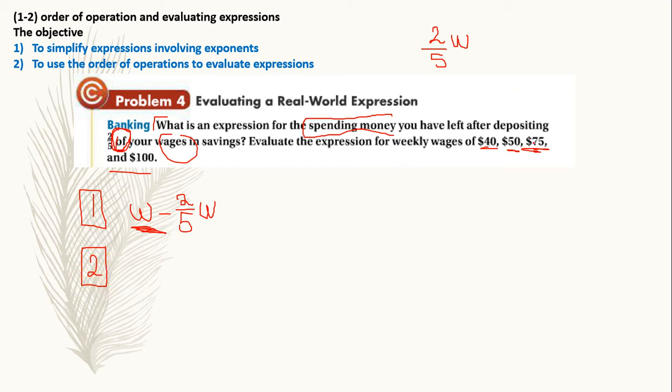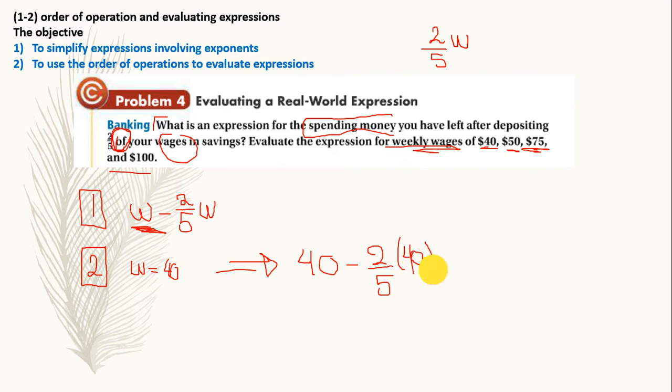Now let's evaluate it for the weekly wages. Once we have W equals 40, we get 40 minus 2/5 times 40.